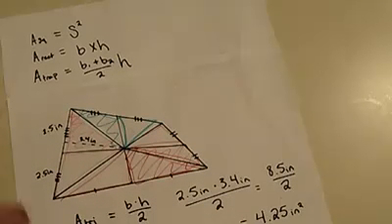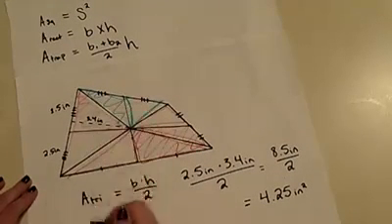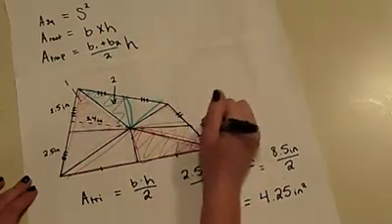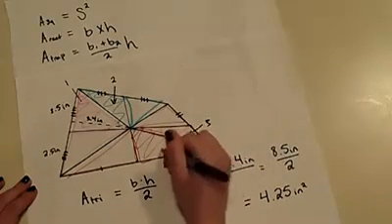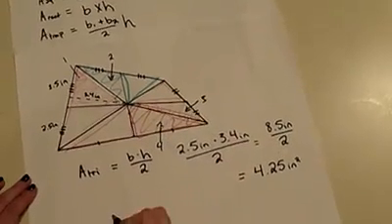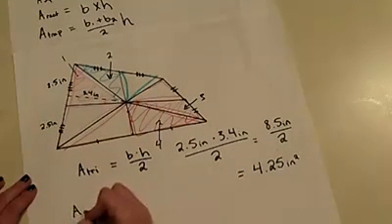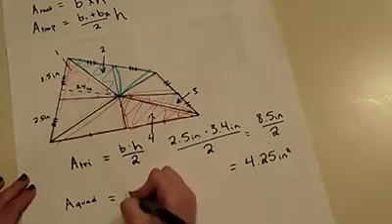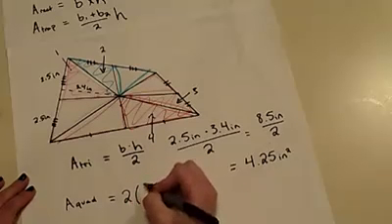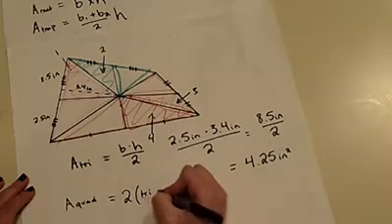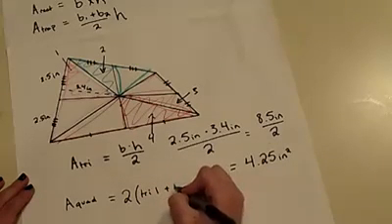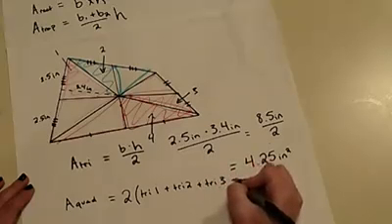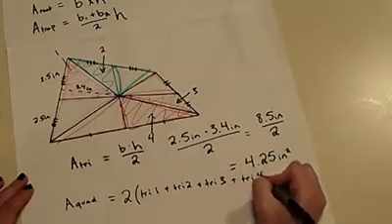So if we call this one triangle 1, this triangle 2, this triangle 3, this triangle 4, we can find that the area of the quadrilateral is equal to 2 times triangle 1 plus triangle 2 plus triangle 3 plus triangle 4.